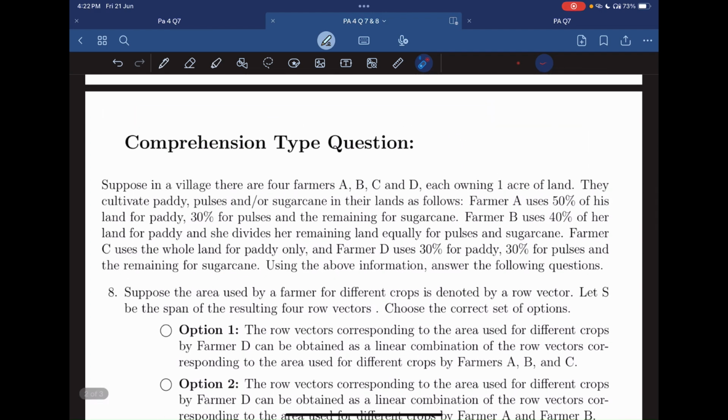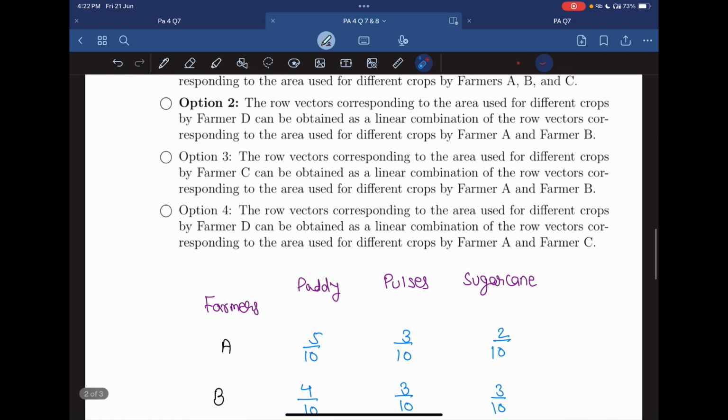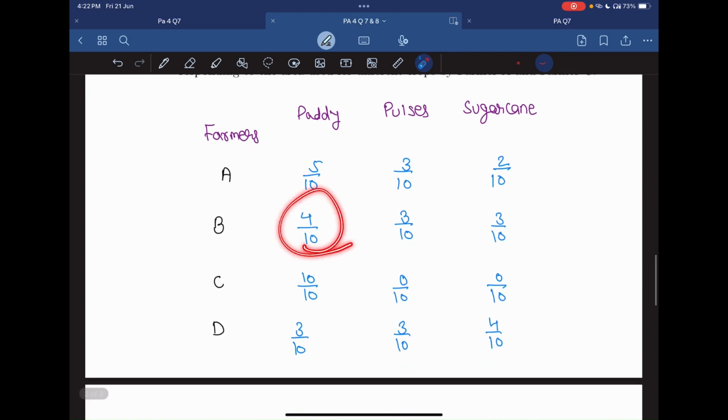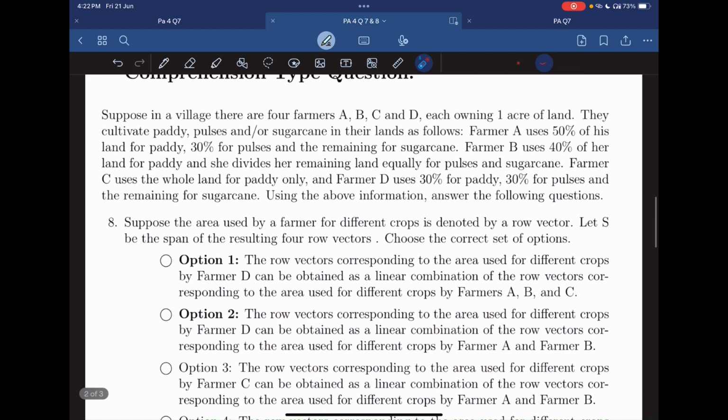Then farmer B uses 40% of her land for paddy and she divides her remaining land equally for the pulses and sugarcane. So 40% for paddy and 30% for pulses and sugarcane.